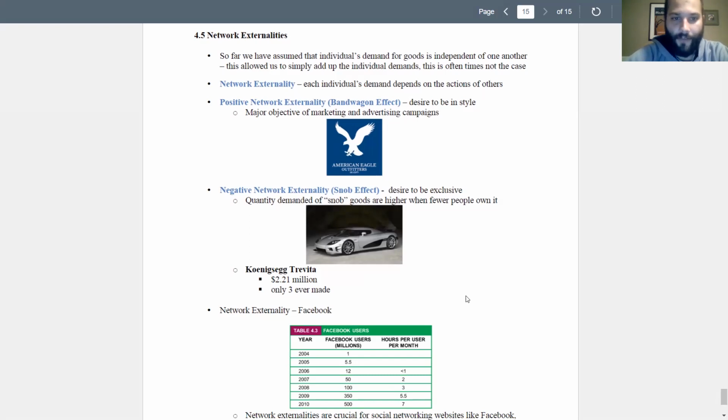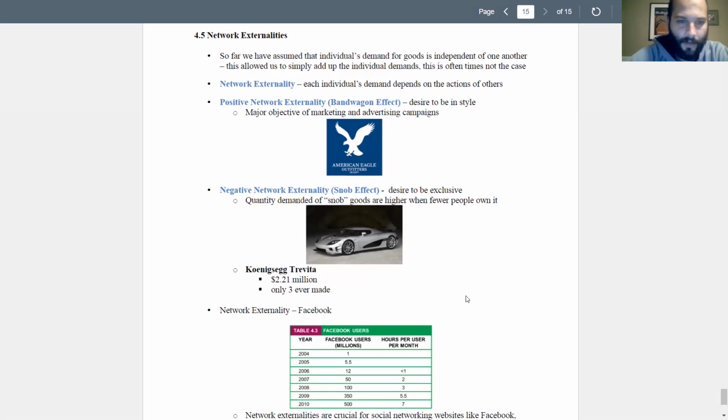It's possible that other people's decision-making could impact your decision-making, or one consumer's decision-making could be impacted by what other people are buying. This is what we call a network or peer externality.